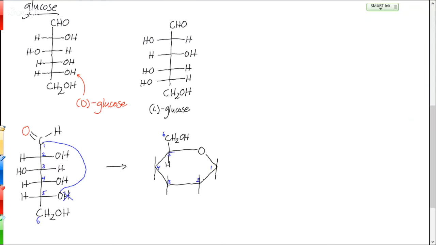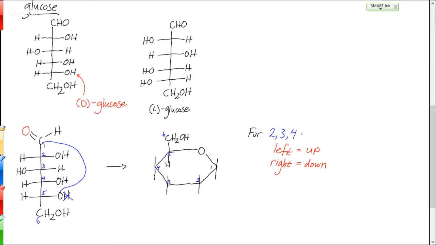For carbons 2, 3, and 4, if the Fischer projection shows the hydrogen going to the left, we're going to put it up on the ring structure. And if it shows it going right, we're going to put it down on the ring structure.